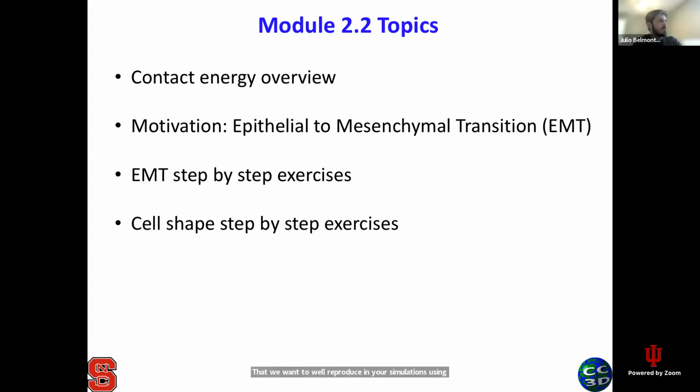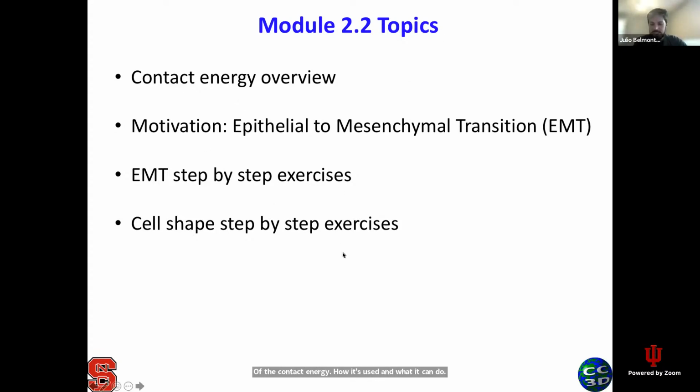Then we're going to go step-by-step through an exercise to use that model to illustrate how the contact energy works. And then I'm also going to switch to a different type of exercise where you go back to a single cell simulation, and we're going to use that to explore other features of the contact energy, how it's used, and what it can do in COMSAL.